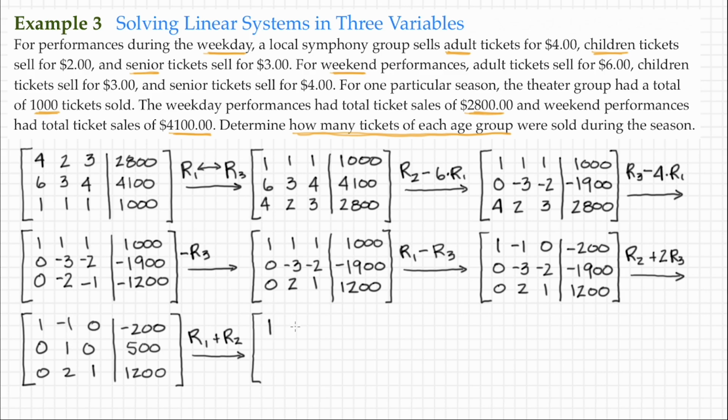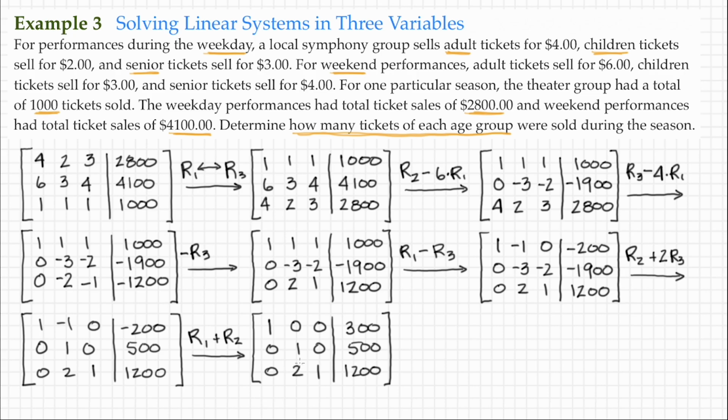Negative 1 plus 1, that's 0. 0 and 0, 0. Put in our vertical line. Negative 200 plus 500, that's 300. Close off our bracket and fill in the rest. 0, 1, 0, 500, 0, 2, 1, and 1,200.